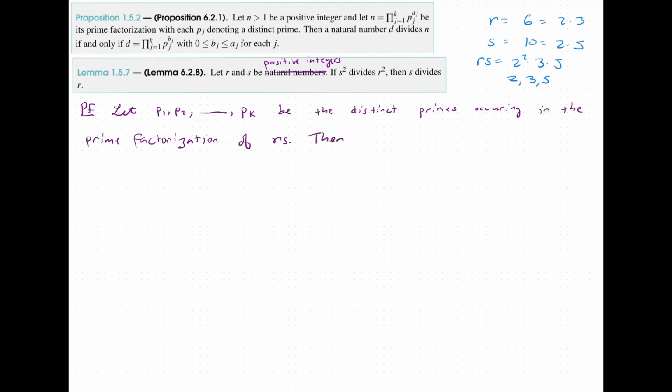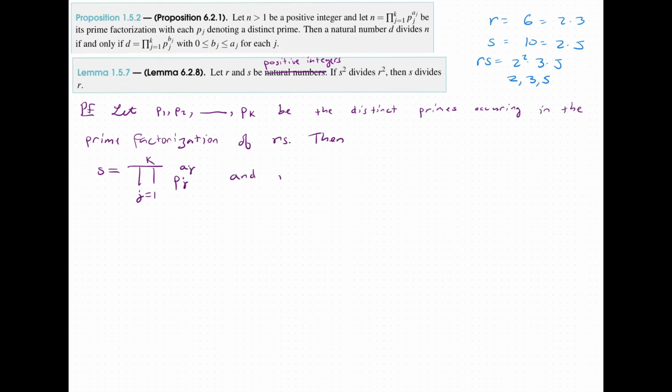Let me do s first. So s is going to be equal to the product from j equal to 1 to k of p sub j raised to the exponent a sub j.